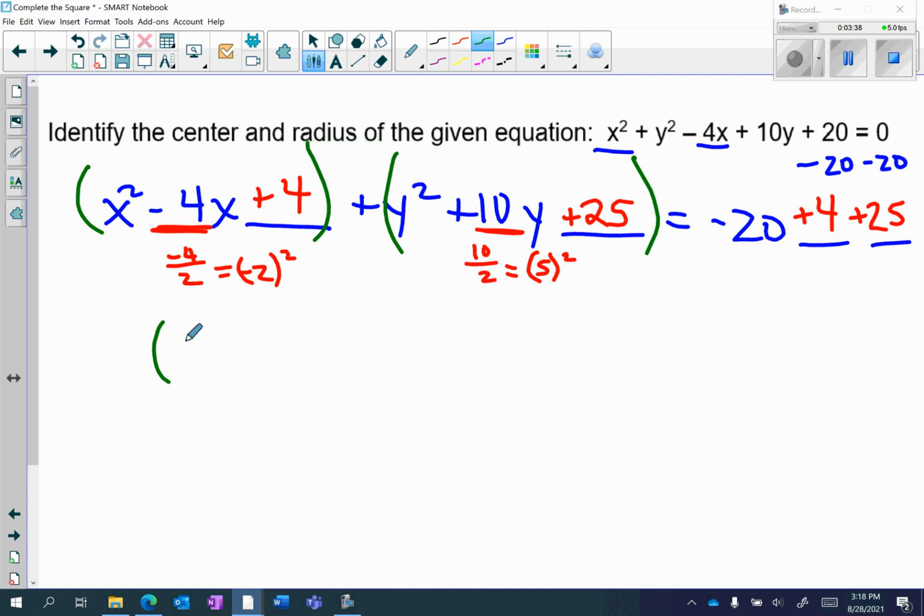That's going to be x minus 2 squared. What two numbers multiply to 25 and add to 10 when I'm looking at the y's? That's going to be 5. 5 times 5 is 25. 5 plus 5 is 10. So that's going to be y plus 5 squared.